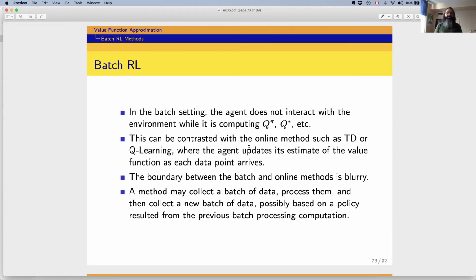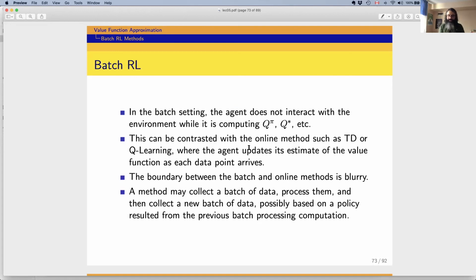It's not that a method is either completely batch or completely online, because some methods may collect a bunch of data points, like 100, 1,000, or even 5 data points, do some processing on them, compute a new, say, value function or a policy, and then use this new policy to collect data. And then they continue. So depending on how much processing we do, it can be one point in the spectrum between purely online and purely batch.